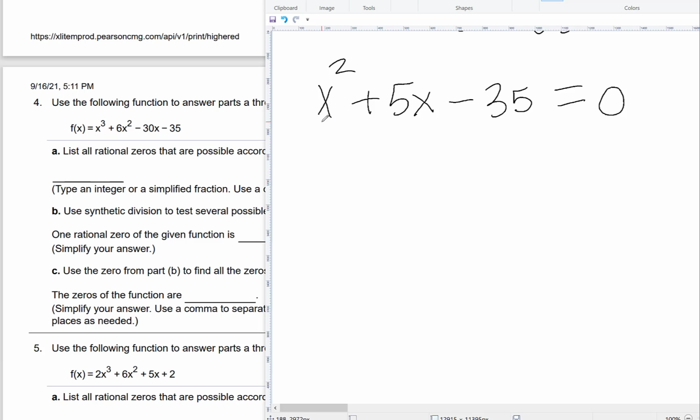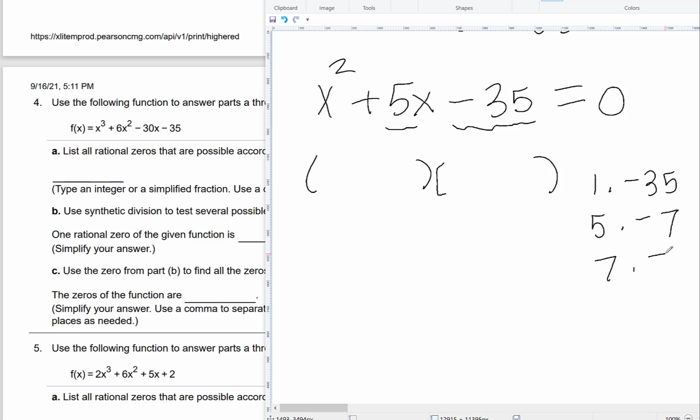However, I'm looking at this trinomial and I'm thinking about the way that trinomials factor. In order for this to work, there would have to be numbers that multiply to negative 35 that add to 5. So 1 times negative 35, 5 times negative 7, 7 times negative 5, and 35 times negative 1.